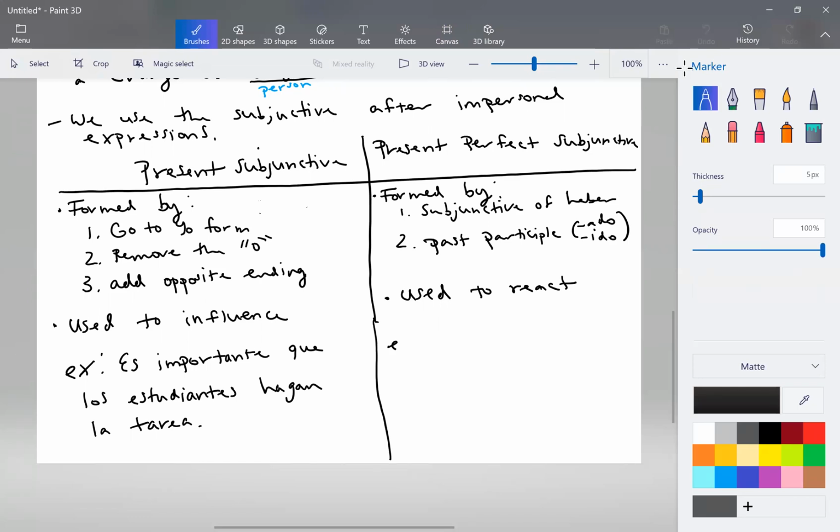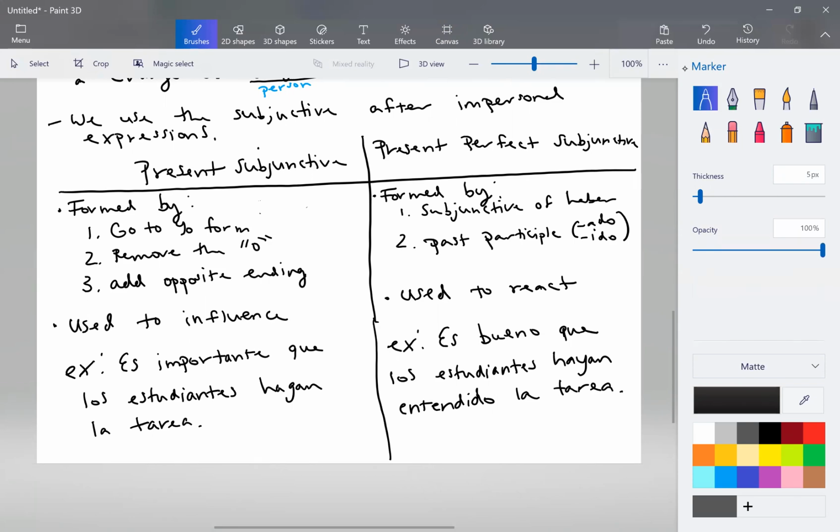But I could also say, es bueno que los estudiantes hayan entendido la tarea. And those mean different things.